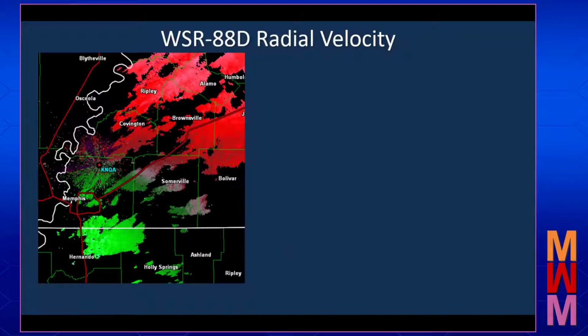Now, since the WSR-88D is a Doppler weather radar, it can actually measure radial velocities, velocities toward or away from the antenna. And in this case, the radar is right here where you see the red dot and the blue KNQA.